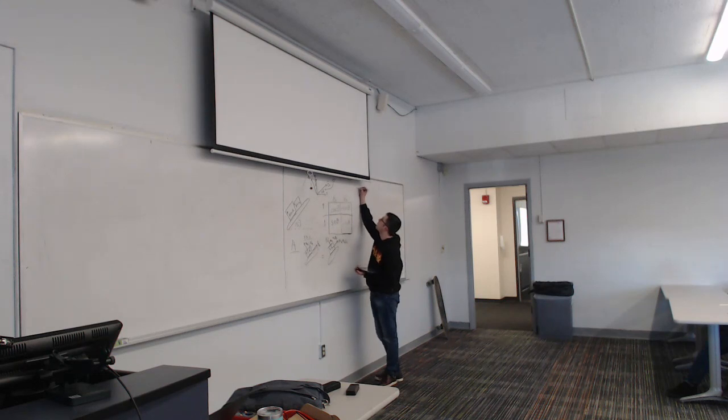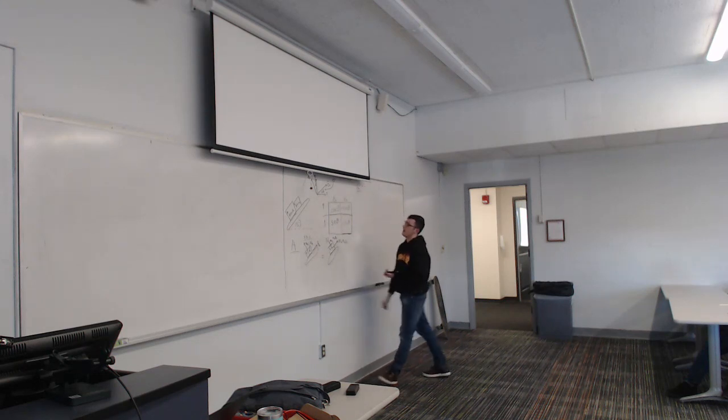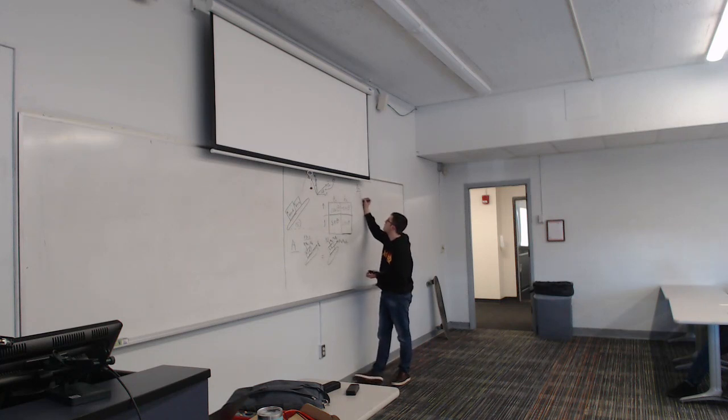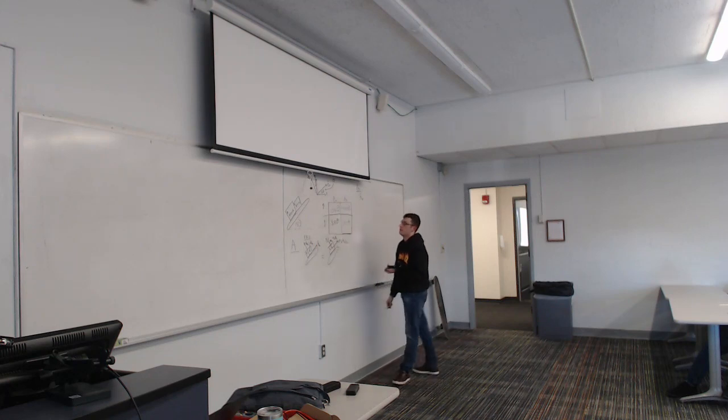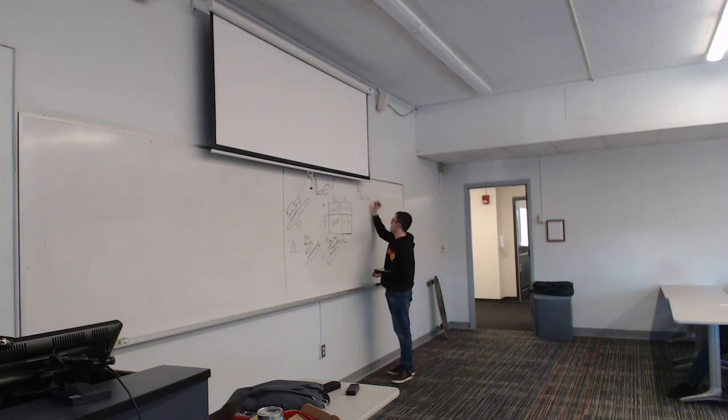The sum of the forces in the EX direction. So we have FB in the positive EX direction as we defined up here, minus WB, but it has components in both directions.